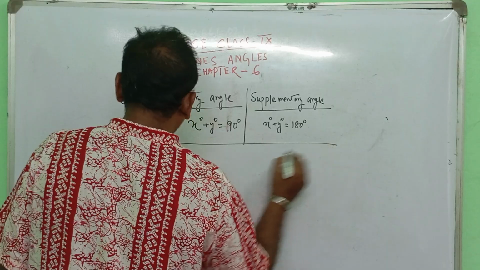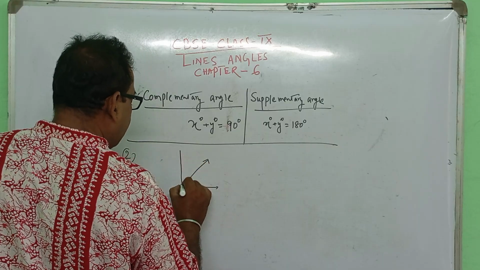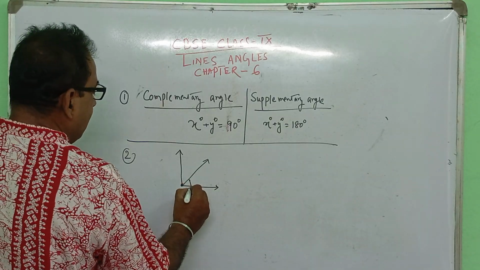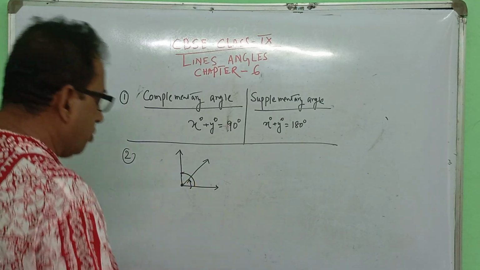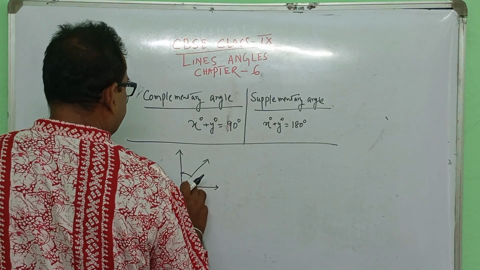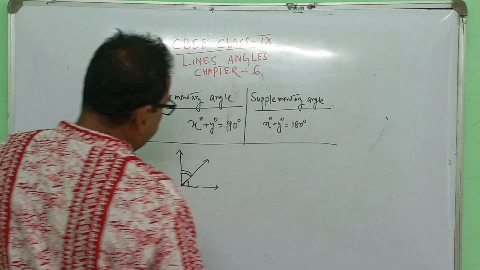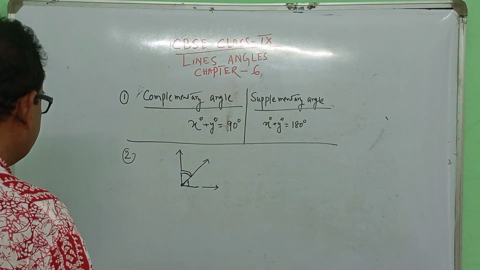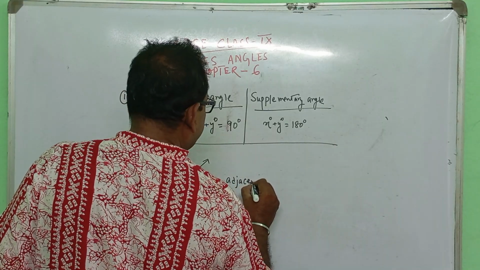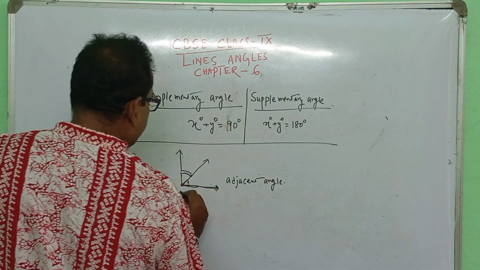Terms याद रखना बहुत जरूरी है. Second, if I have the same vertex, and from the same vertex another ray goes, then this angle and this angle are called adjacent angles. So what is the main thing?